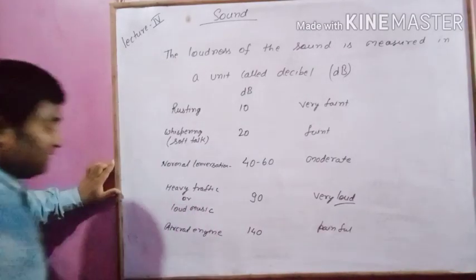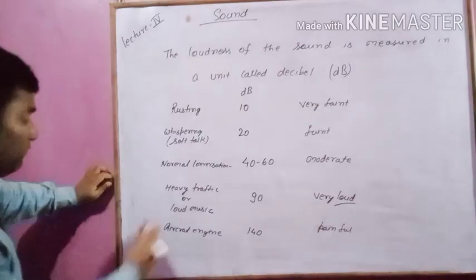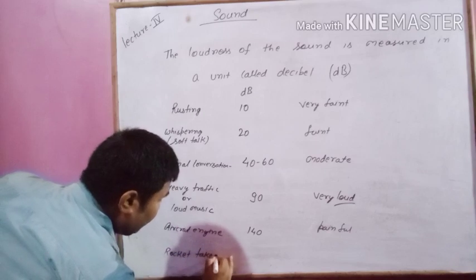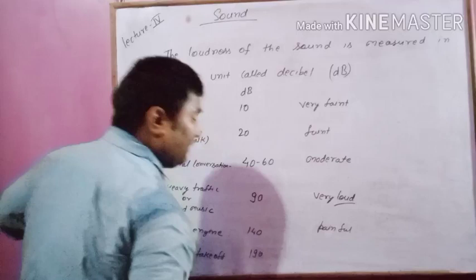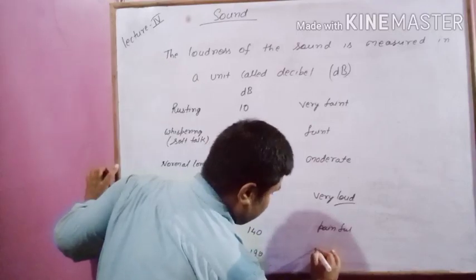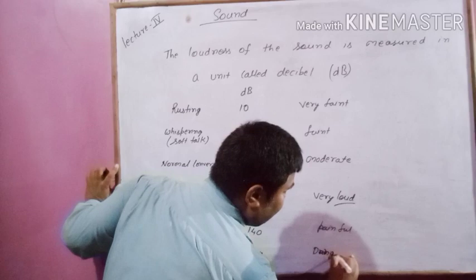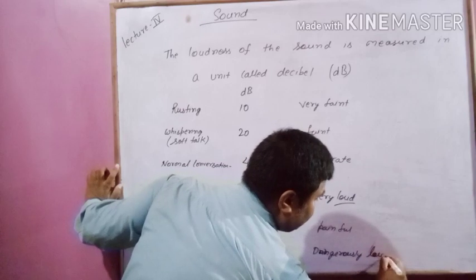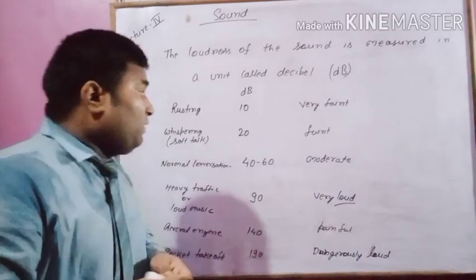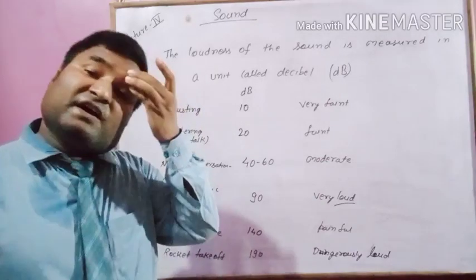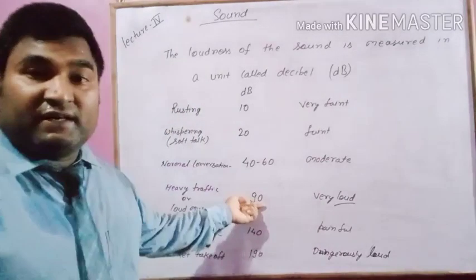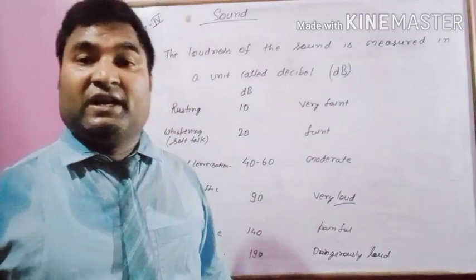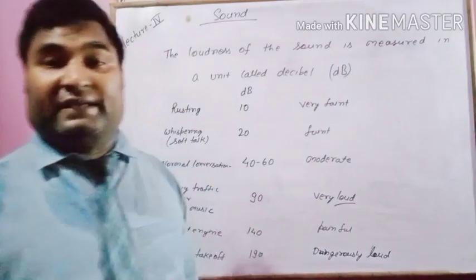And the sound of a rocket engine at takeoff is around 190 decibel, and this is dangerously loud. The sound below 20 hertz cannot be heard, and if you hear a sound of more than 90 decibel for a long duration, it is harmful for our ears.